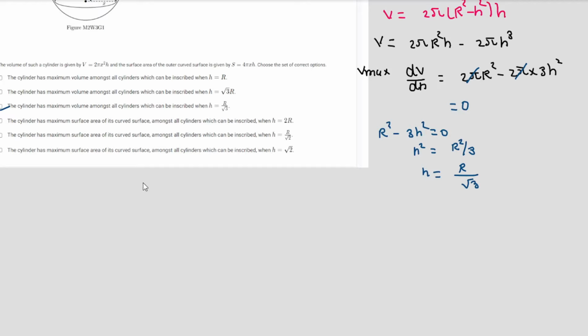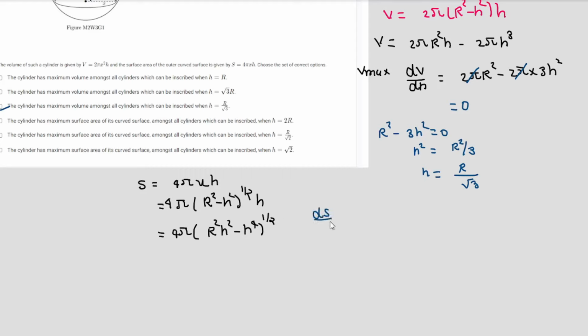The surface area is given by 4 pi x h, and we know x is equal to r square minus h square to the half, times h. So it will be equal to 4 pi times the square root of r square h square minus h to the 4.